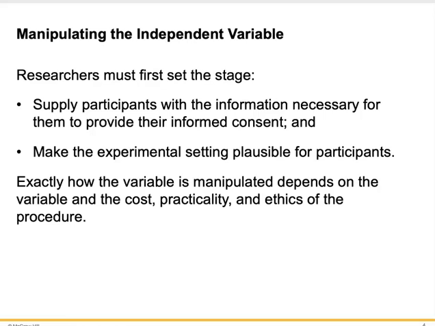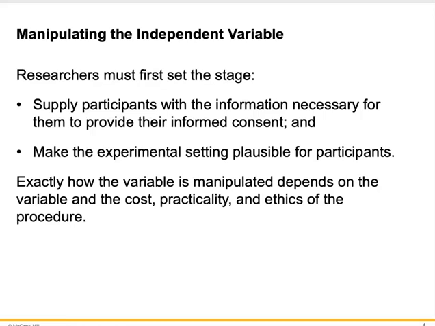Only rarely will you tell participants the actual hypothesis. It's just a general idea. We don't want to tell the participants exactly what we want to research, because then there potentially would be participant bias introduced. Okay, so we supply participants with the information necessary for them to provide their informed consent. And then we make the experiment settings plausible for participants. Okay, we make the experiment as close as we can to the real world so the participants feel like the experimental setting is closely related.